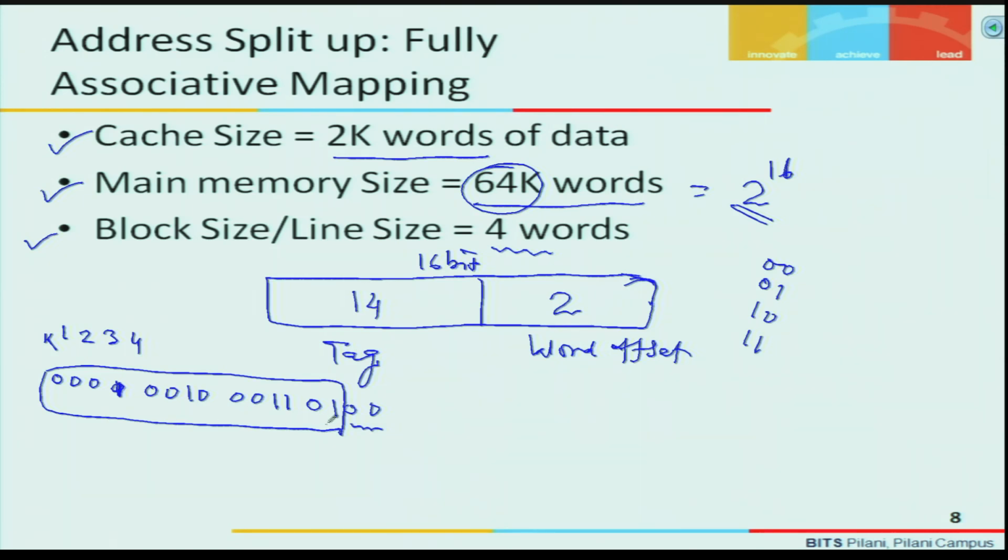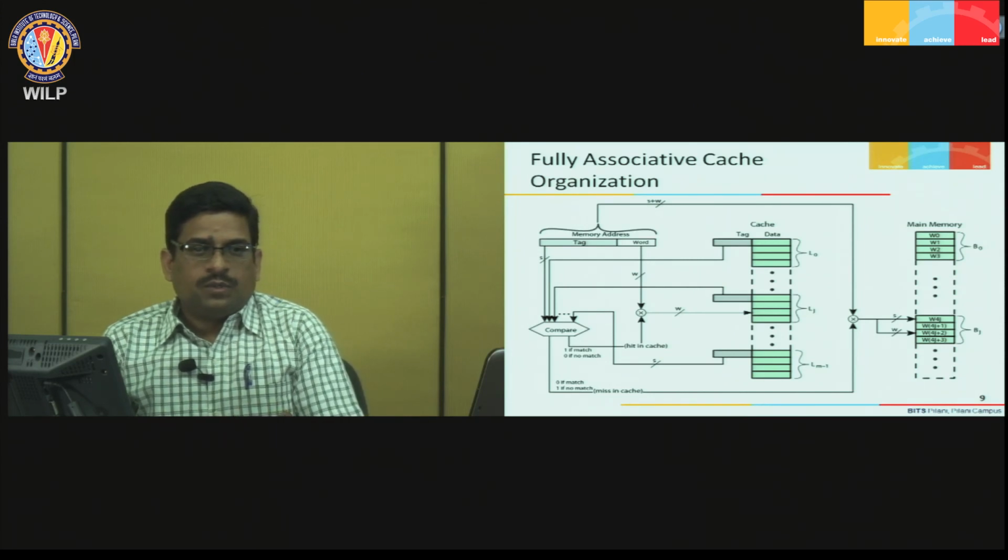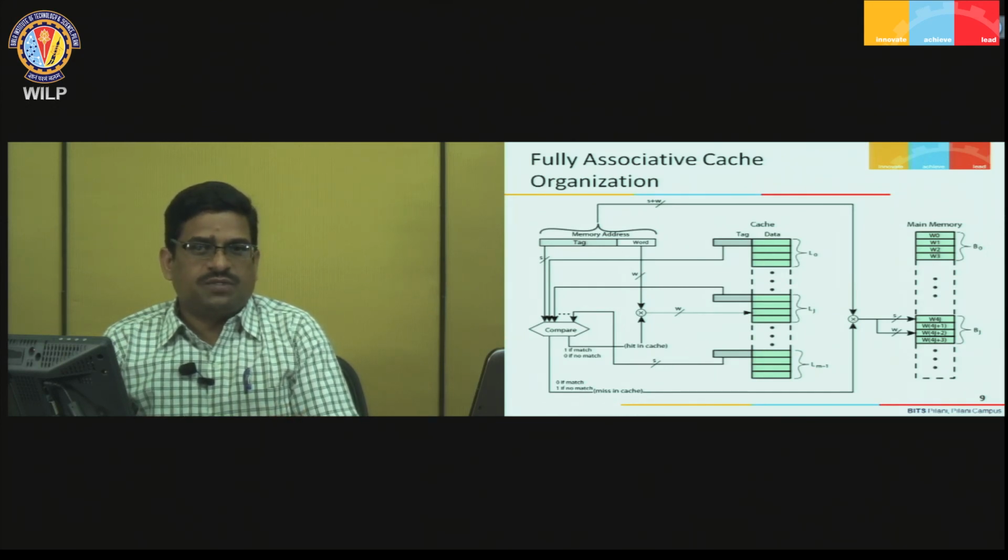So, you can say these tag bits will be unique for each block of data. Now we understood how to split the address into 2 parts: one is the word offset and the other is the tag, for fully associative mapping.